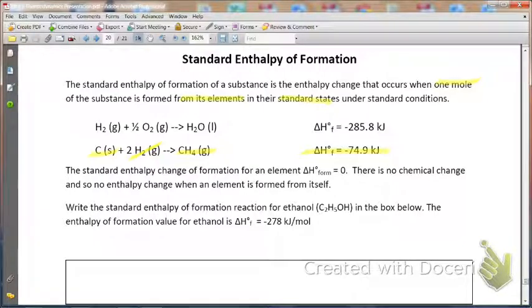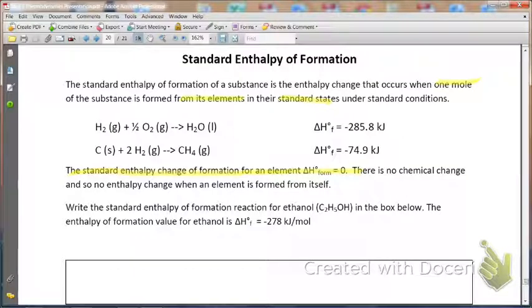So these two equations of the standard enthalpy of formation are good examples of this, and you're going to have to be able to write standard enthalpy of formation equations with the correct enthalpy of formation values. Alright, now to note something before we go on, this is very important. The standard enthalpy change of formation for an element is always 0.